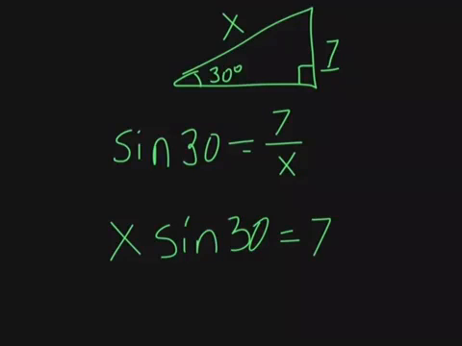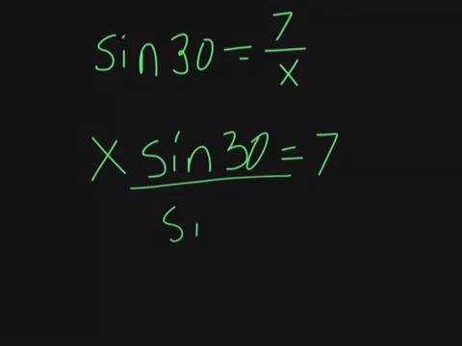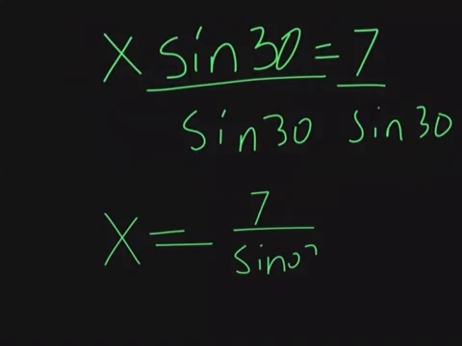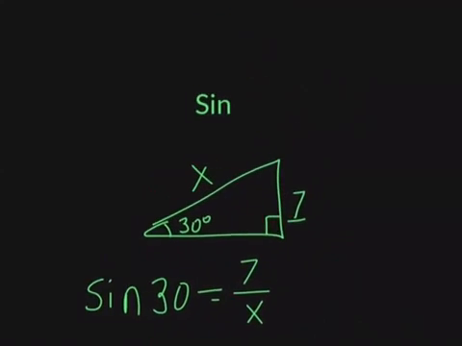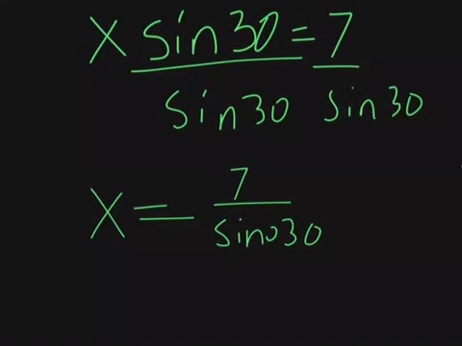Now we want to find x by itself, so we'll divide both sides by sine of 30. We're left with x is equal to 7 divided by sine of 30. Let's say we should round our answer to the nearest tenth.